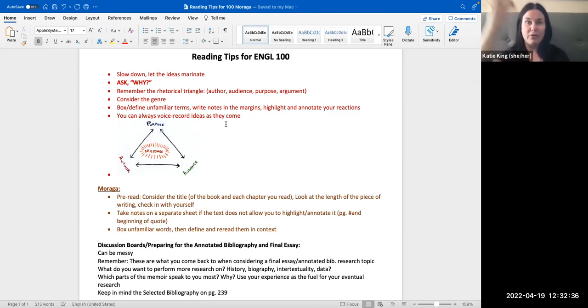I would say grab, my phone's charging in the other room, otherwise I'd use it as a visual. I would say grab your phone, and if you find an important passage, maybe you have a rental and you don't want to highlight through the text, but you want to have the right page numbers at your disposal, you can say, okay, on page 95 is where she gives us this line about the cat, right?